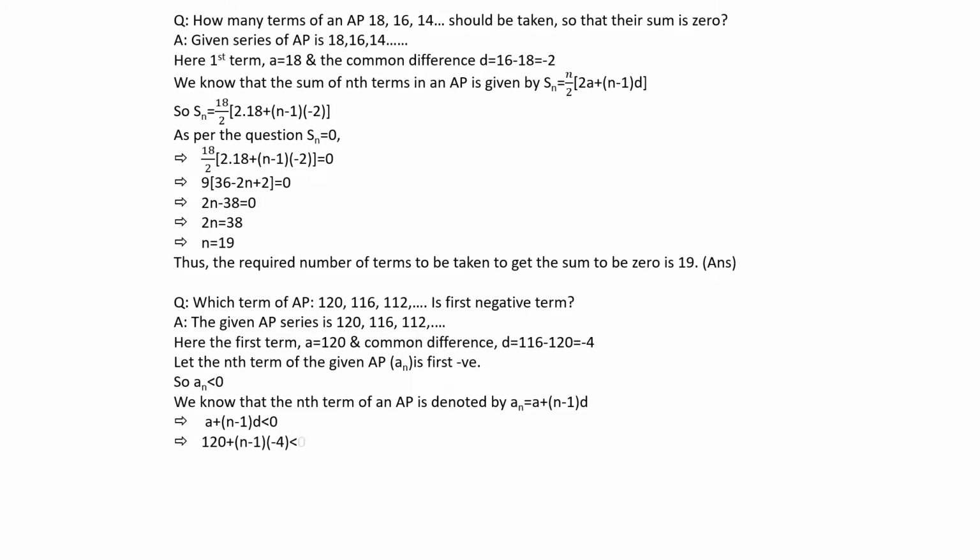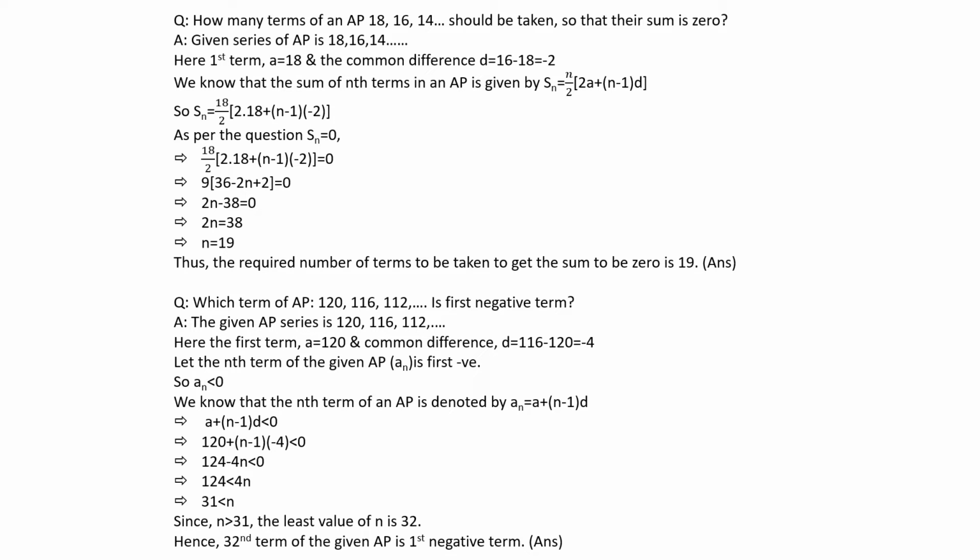Putting the values of a and d, we can write 120 plus (n minus 1) whole into minus 4 less than 0, or 124 minus 4n less than 0. This implies 124 less than 4n, that means 31 less than n. So since n is greater than 31, the least value of n is 32. That means we can say the 32nd term of the given AP series is the first negative term, which is the answer.